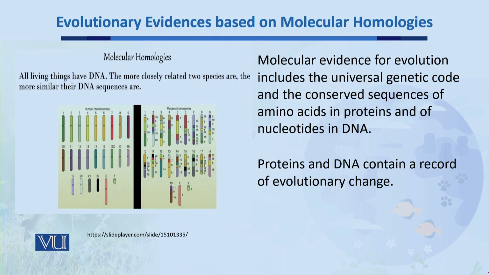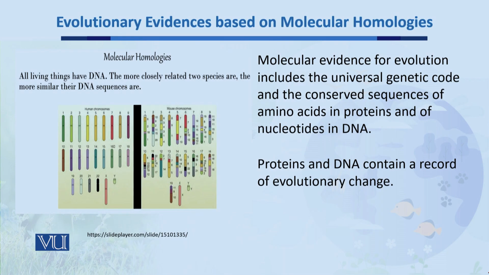So the similarities in these proteins as well as DNA often give rise to evidences of evolution among different organisms. As protein and DNA contain a record of evolutionary changes among closely related species, it is very easy to trace evolution according to the protein as well as DNA.